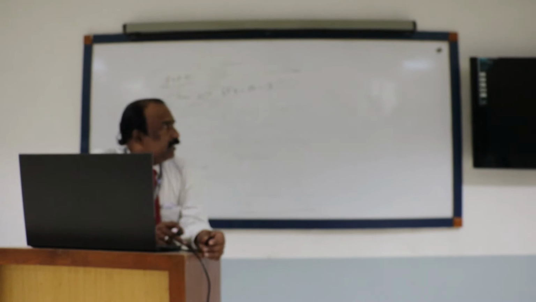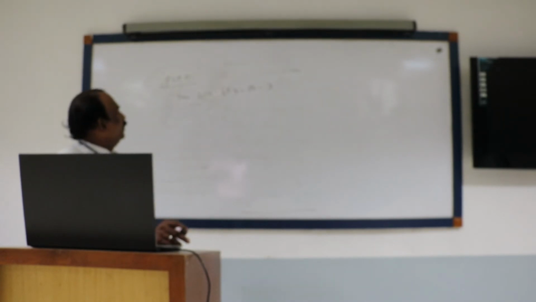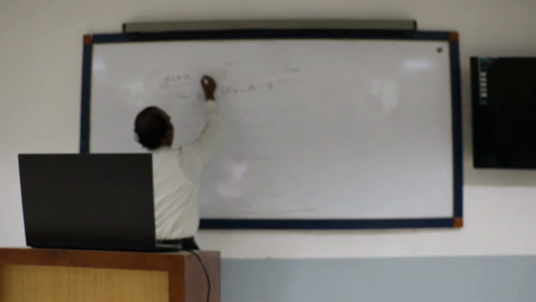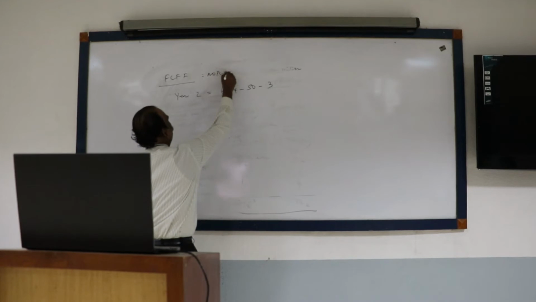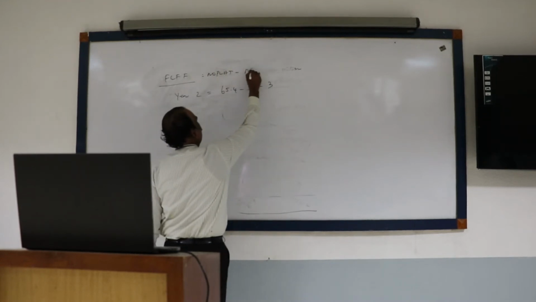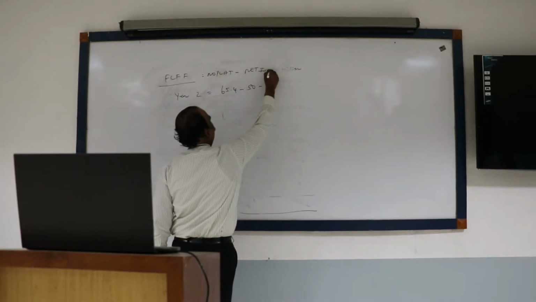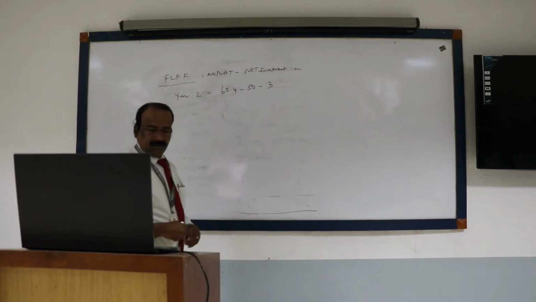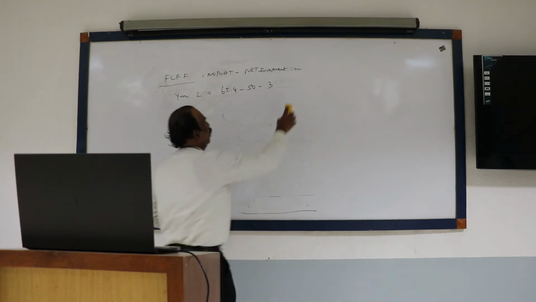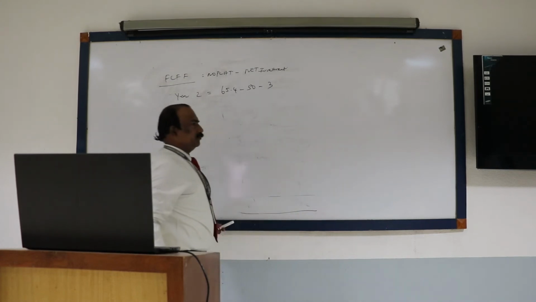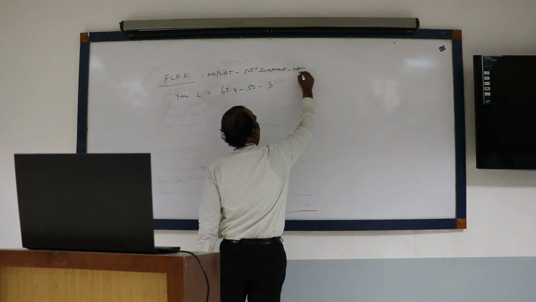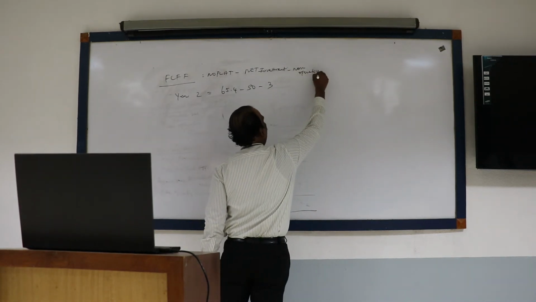So 65 minus 4 minus 50 minus 3. How much comes? That is net investment. NOPALT minus net investment, 12.4, sir. Net investment minus non-operating income post tax.